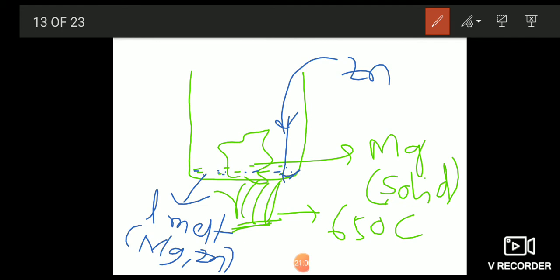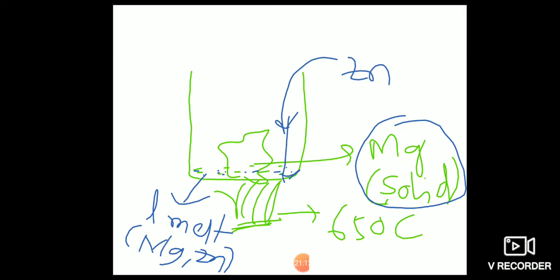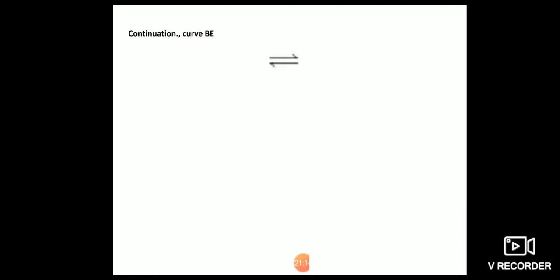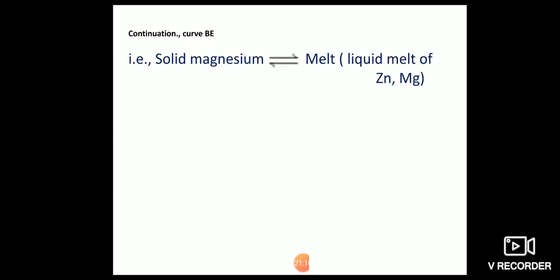And one more is solid magnesium. So two phases are present along the curve B. Those two phases are solid magnesium in equilibrium with the liquid melt of magnesium and zinc.